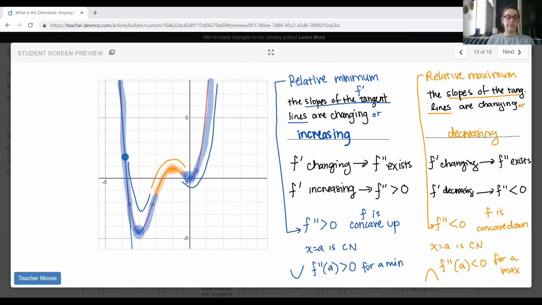So there's moments of transition between this concave up and concave down. I would like for you, on your little sketch of this function in your notes, to try to see if you could circle where it switches from concave up to concave down, or vice versa.